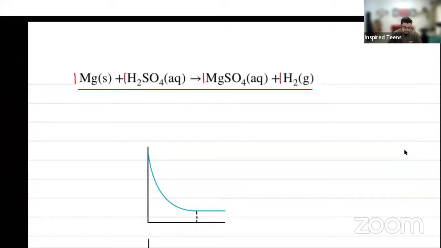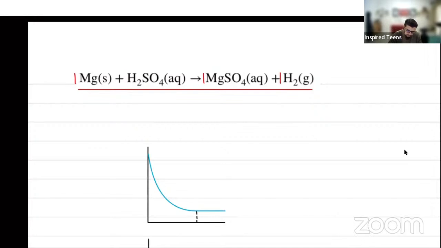If I want to put it in basic terms, we need 1 mole of magnesium, like this says, to react with 1 mole of H2SO4. So what happens if, okay, this is not a great example.